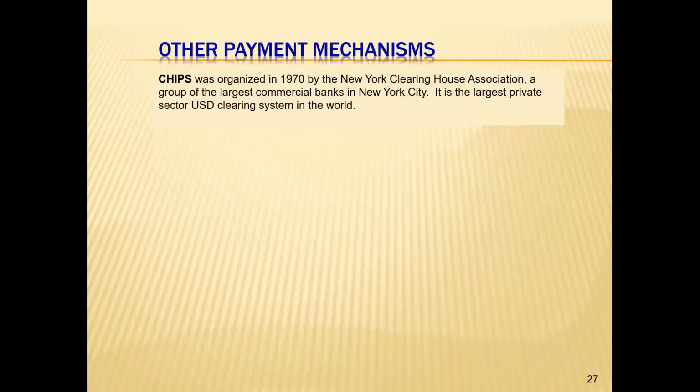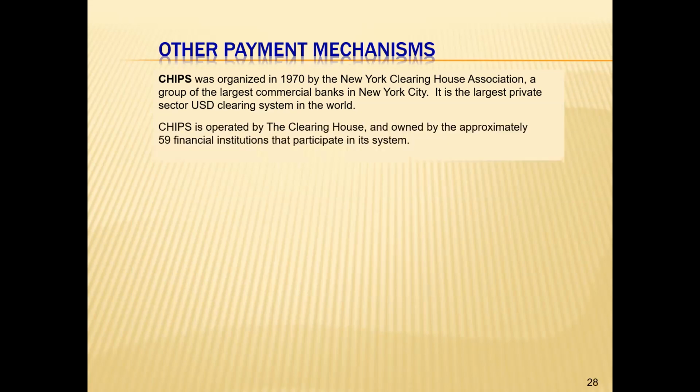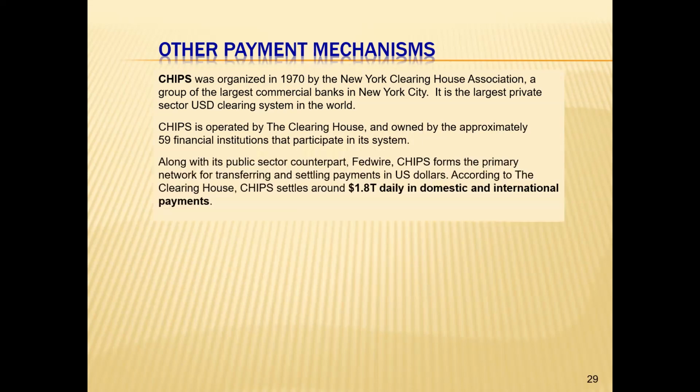CHIPS was organized in 1970 by the New York Clearinghouse Association, which is a group of the largest commercial banks in New York City. It is the largest private sector US dollar clearing system in the world. CHIPS is operated by the Clearinghouse, the US Clearinghouse, and owned by approximately 59 financial institutions that participate in its system.